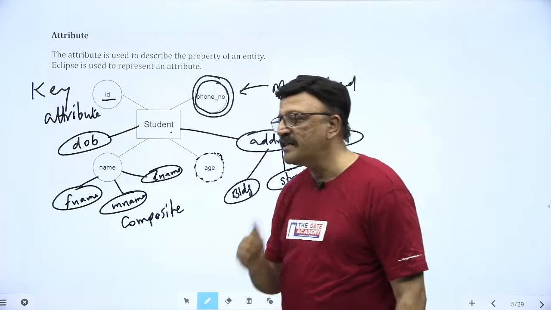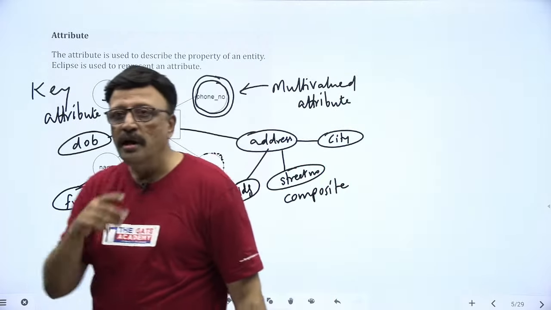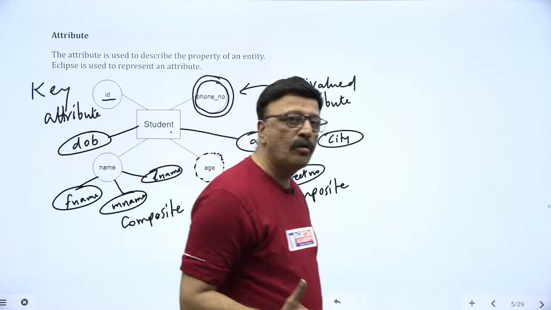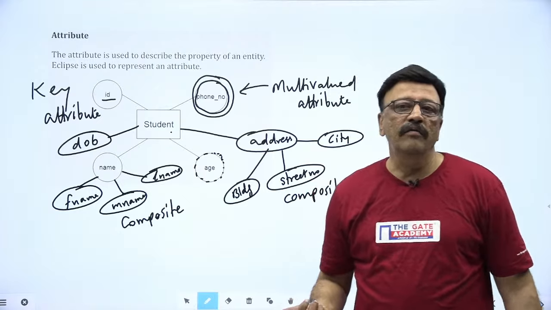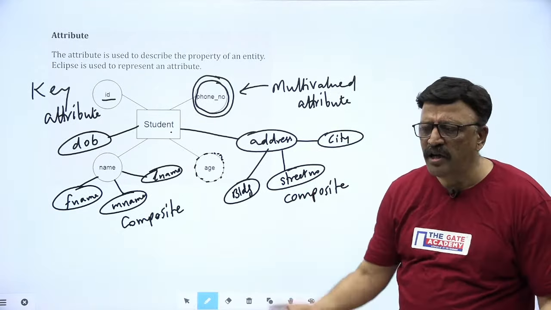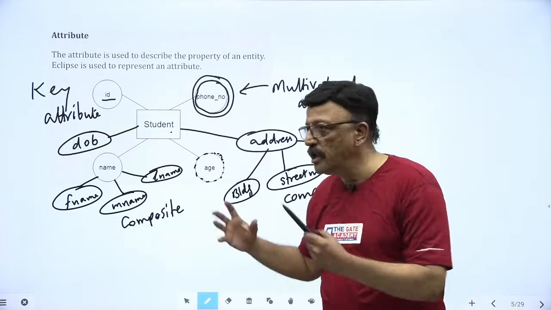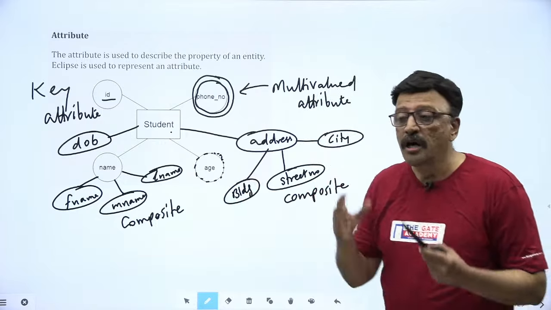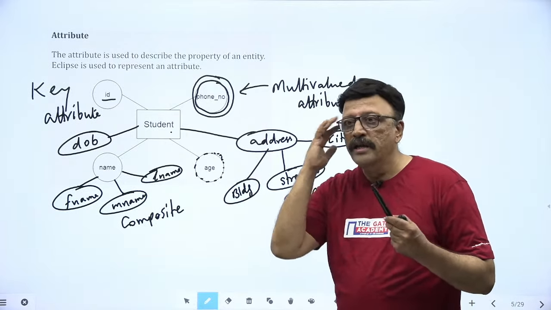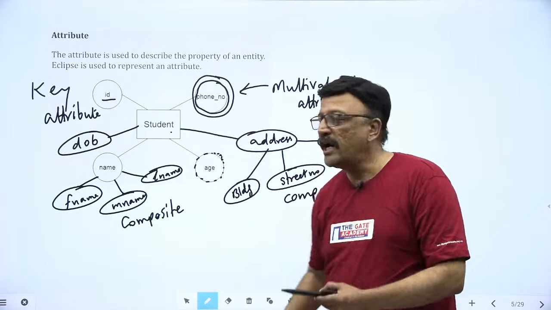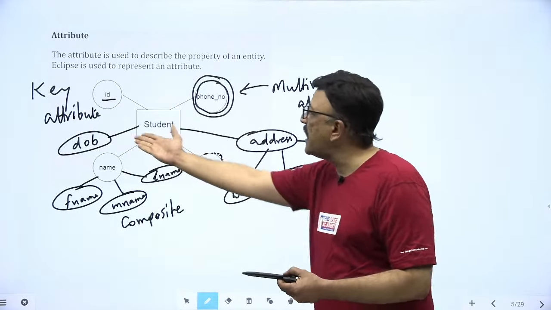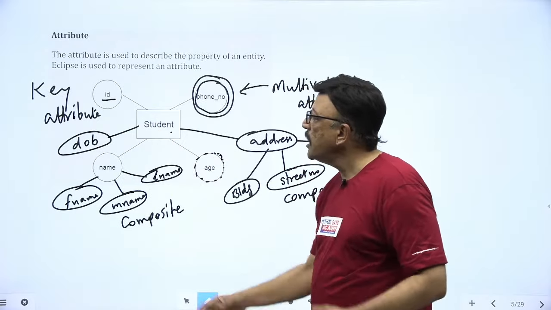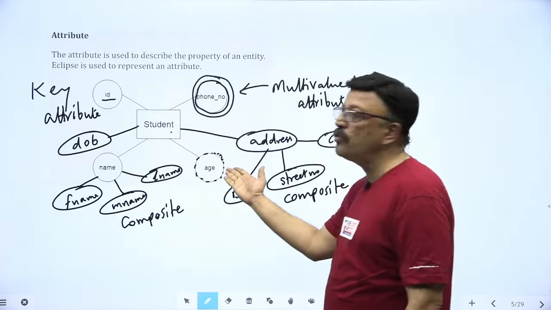So why I said this is not so important, because many times when we talk to our customer who wants to computerize the data, we take all the requirements, and whatever he or she speaks, we note it down in the form of diagrams. We don't bother at that time which type of attribute it is. And then when we sit and study, we know, okay, this can be calculated using date of birth. If we are going to store date of birth, why are we going to store the age?